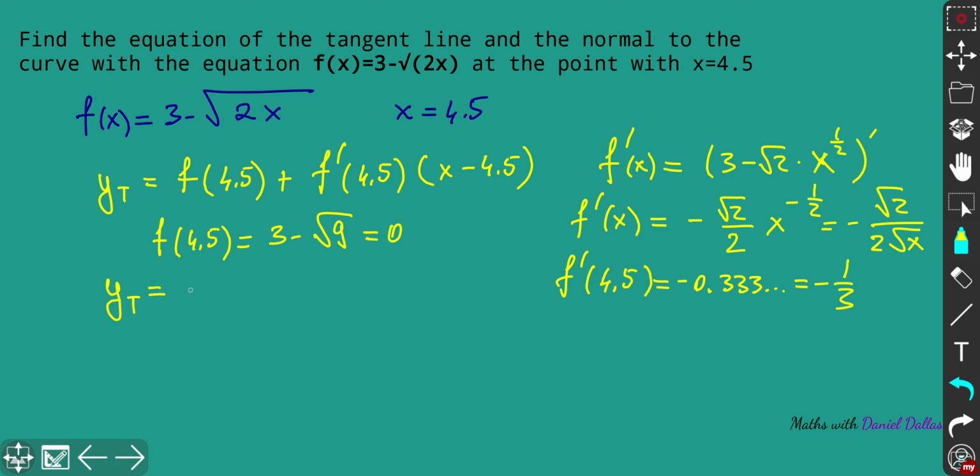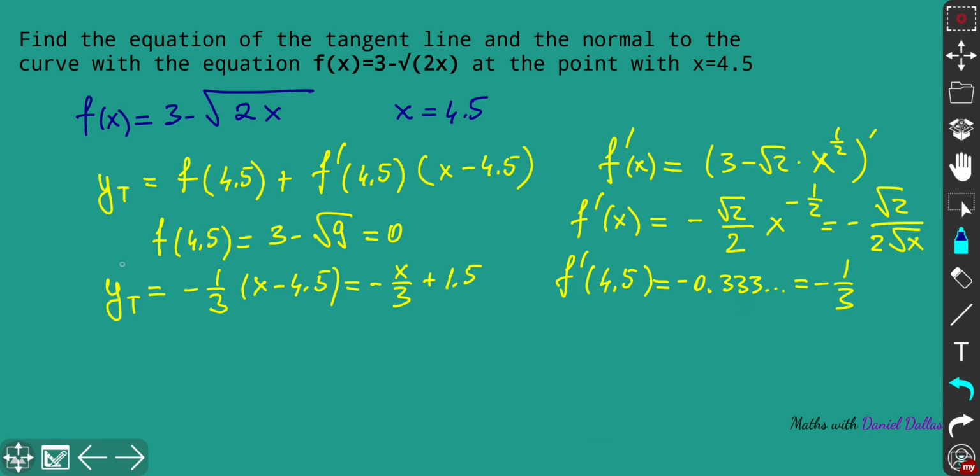So we've got negative 1 over 3 times (x minus 4.5). That means we'll get negative x over 3 plus 1.5 if you divide 4.5 by 3. Okay, so that's the equation of the tangent line.